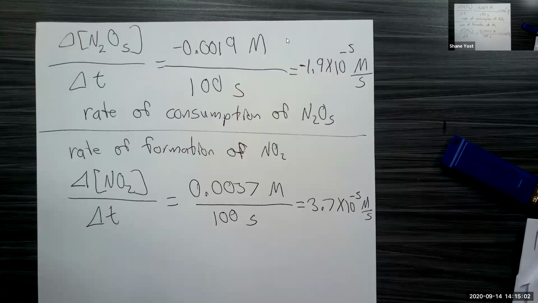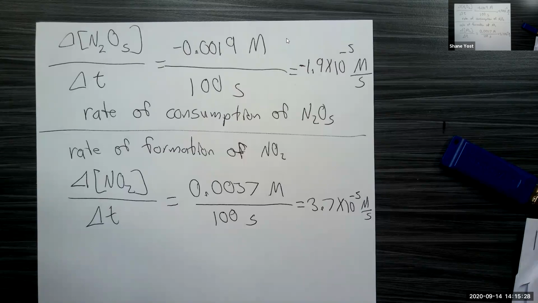And so, again, right here, we are looking at the rate of formation of NO2, the rate of change of the concentration of NO2. And again, it ends up being 3.7 times 10 to the minus 5 molar per second, okay?